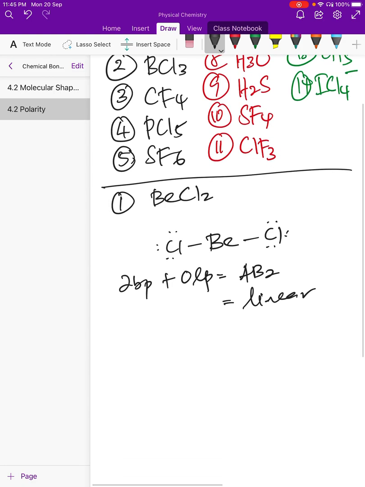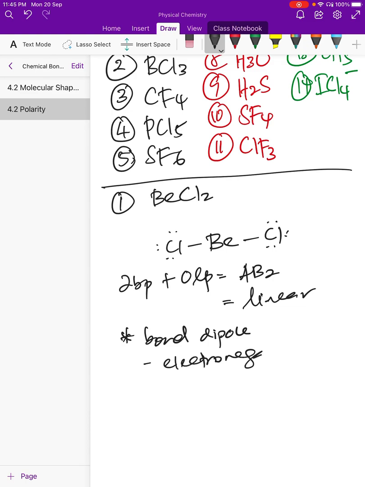Next, we are going to a new term called bond dipole. Bond dipole exists due to the difference in electronegativity between two different elements.